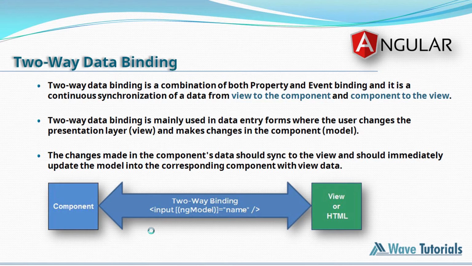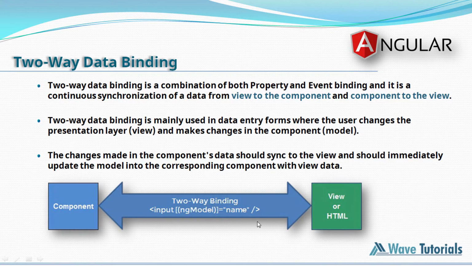So whatever binding we have discussed so far supports one-way data binding. Now here we have two-way data binding. Two-way data binding is a combination of both property and event binding, and it is a continuous synchronization of data from view to component and component to view. Two-way data binding is mainly used in data entry forms, where the user changes the presentation layer and makes the changes in the component. The changes made in the component's data should sync to the view and should immediately update the model in the corresponding component with the view data.